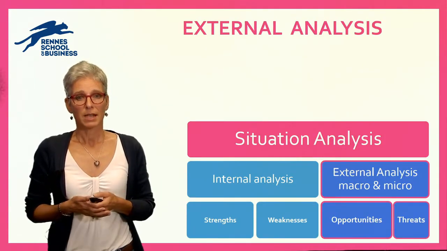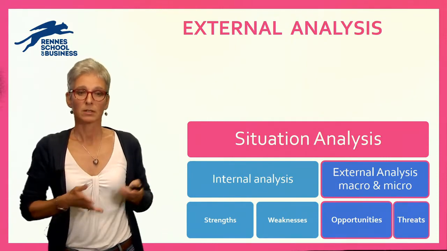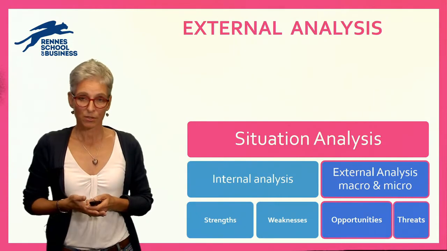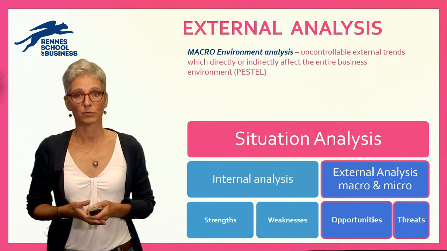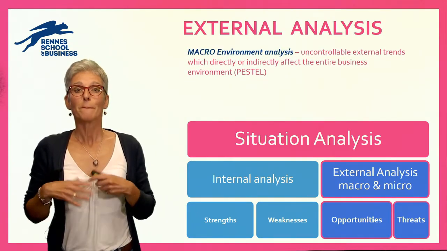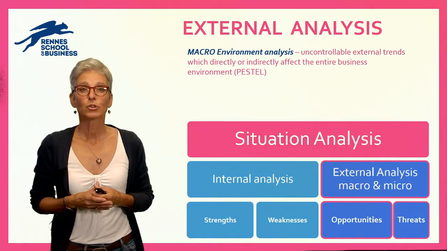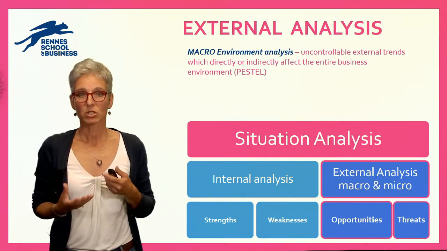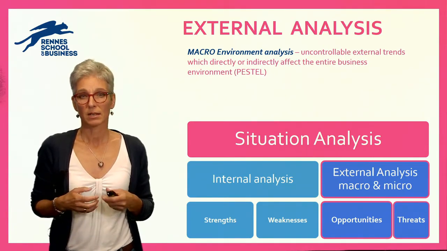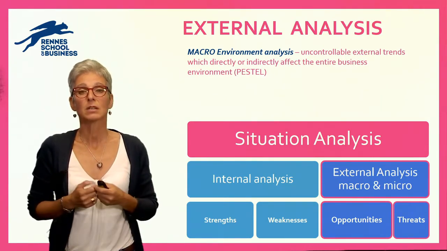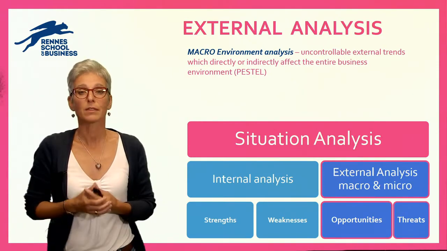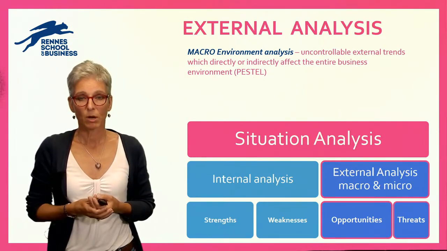The external analysis is outside the company, and that gives us ideas for opportunities and threats that the company is going to face. What we call the macro environment looks at uncontrollable external trends which directly or indirectly affect the entire business environment for not just ourselves but every other company in the competing market.